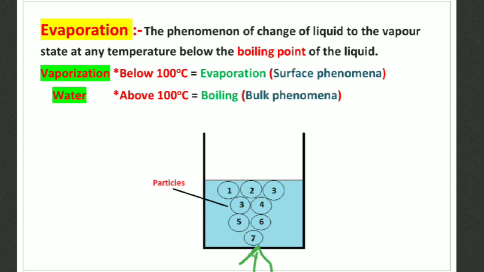Then the particles will gain energy, become lighter and go in the upward direction, and the heavier, cooler particles will go in the downward direction, so that as a result the high kinetic energy particles will leave the surface in terms of evaporation.